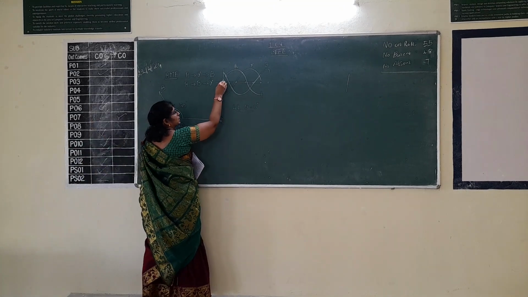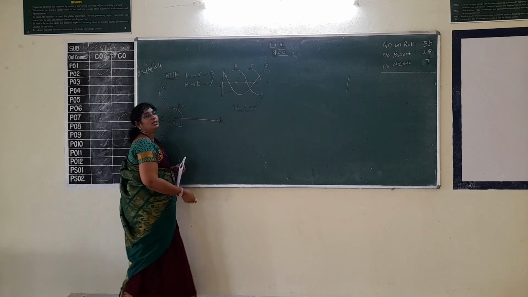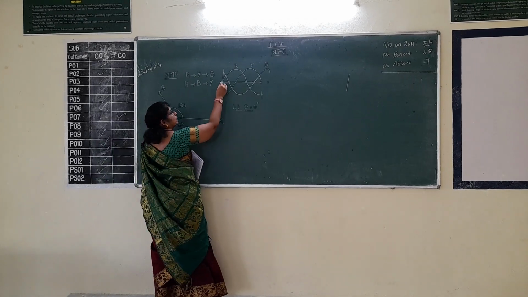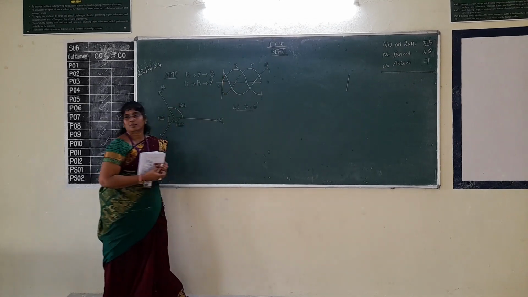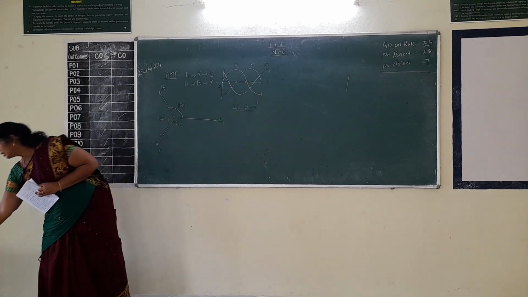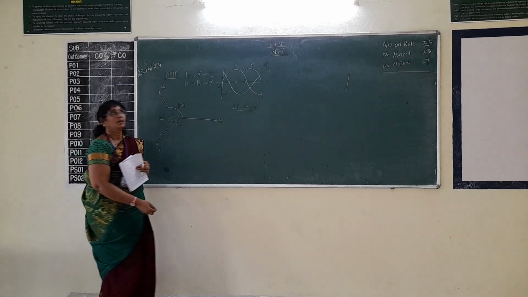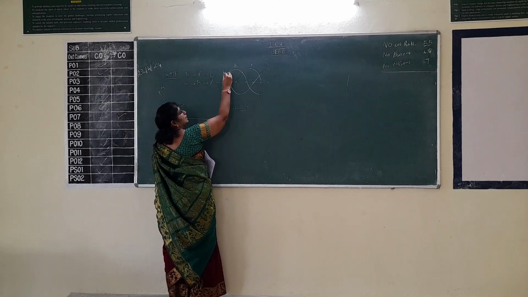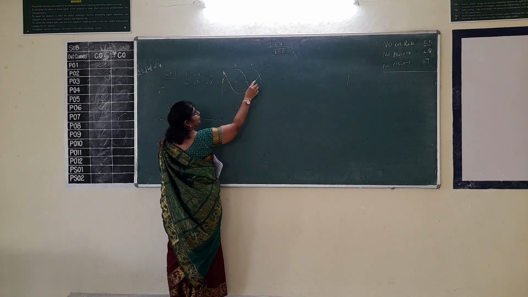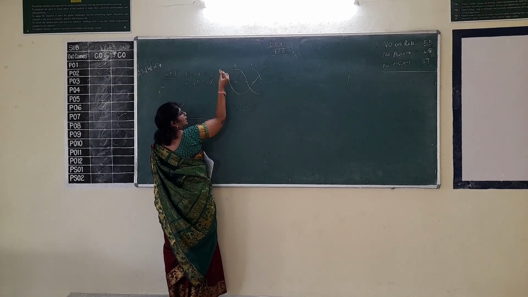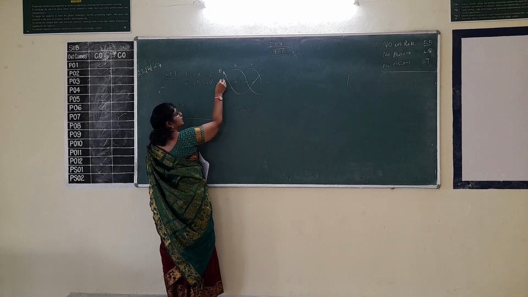So 0 degree means it is your origin. So in this origin, we will be having three phases. What are the three phases? R phase, then here we have a B phase, and this one is your Y phase.